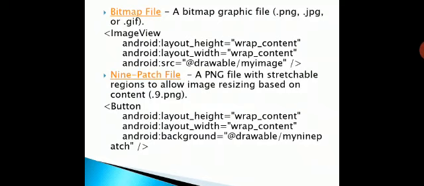Then the next one is the 9-patch file. A 9-patch file is actually a PNG image in which you can define structural regions to allow image resizing based on the content.